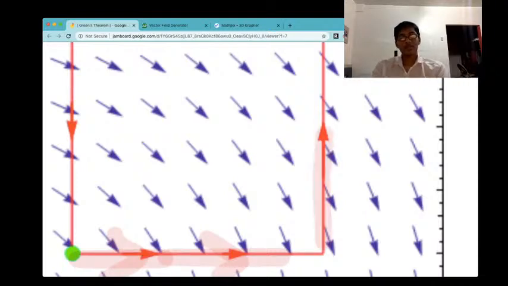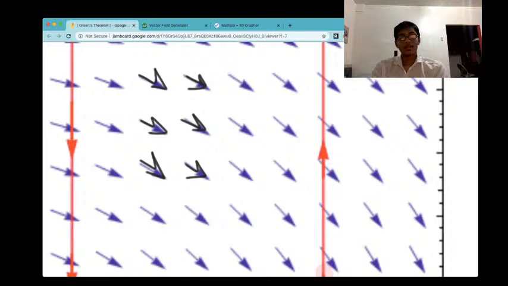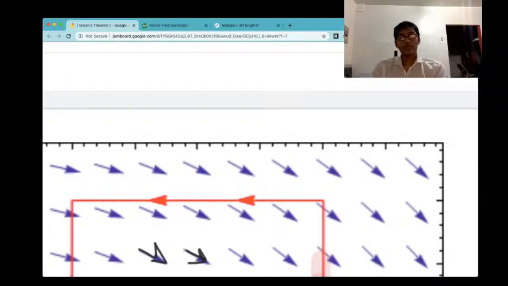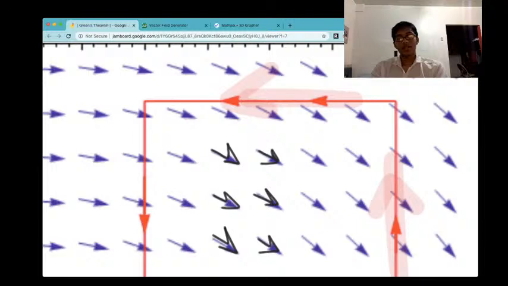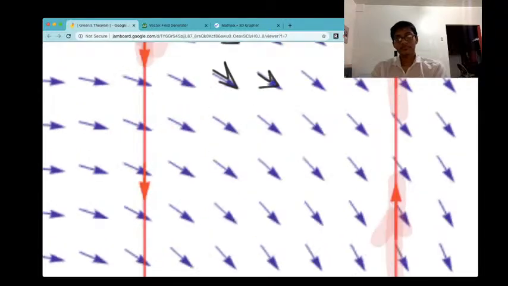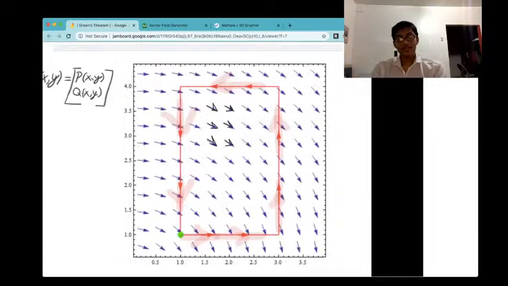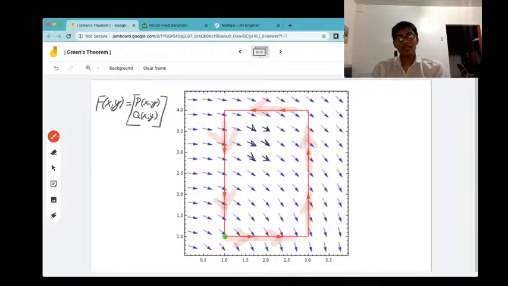First it goes to the right, then we're going up, we're going left, and finally we proceed to go down. So we have some counterclockwise motion right here. That's another thing to notice.